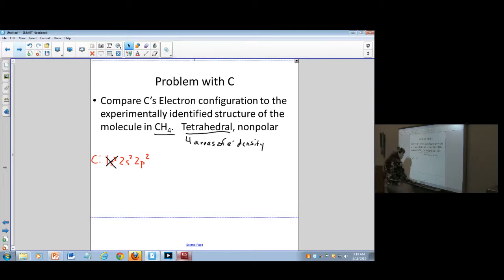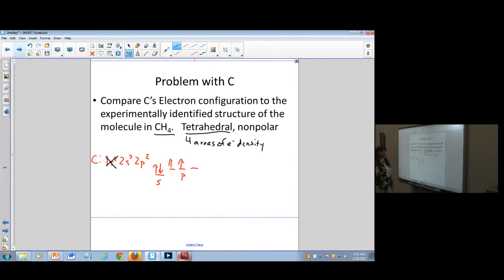If we were setting up an energy diagram, here'd be our S and here'd be our P's. And S is slightly lower in energy than P's. And so we'd fill our 2 electrons into the S orbital, and then we'd fill the P orbitals until we reached the number that we need, which is 4 in this case.